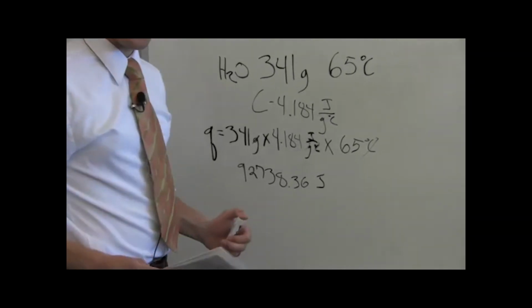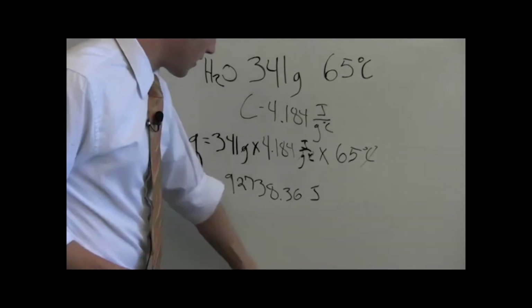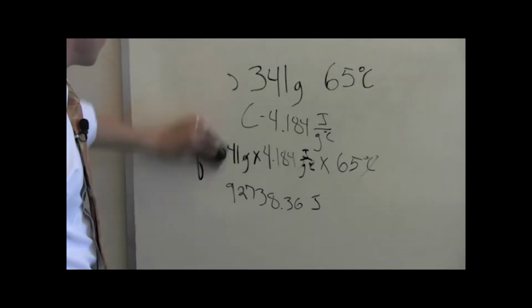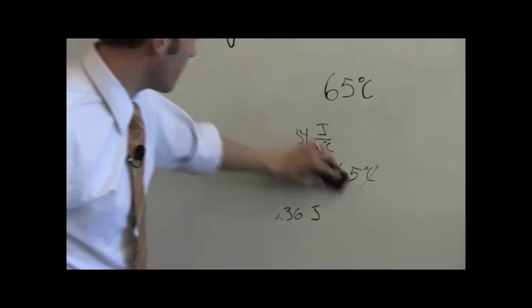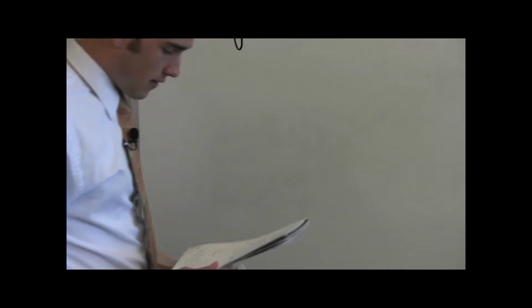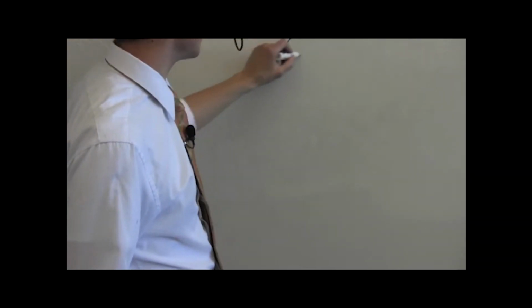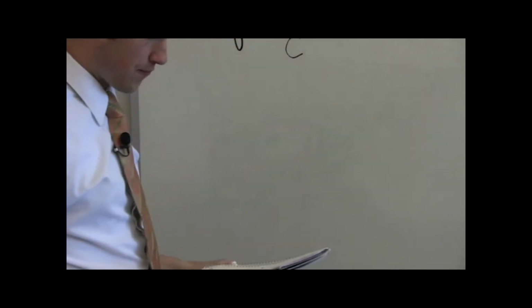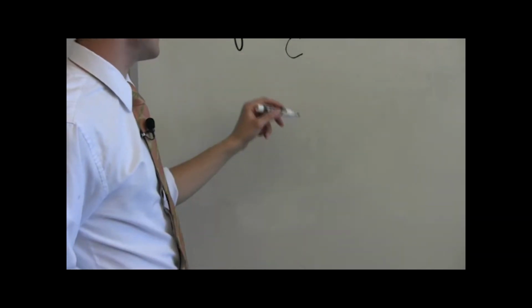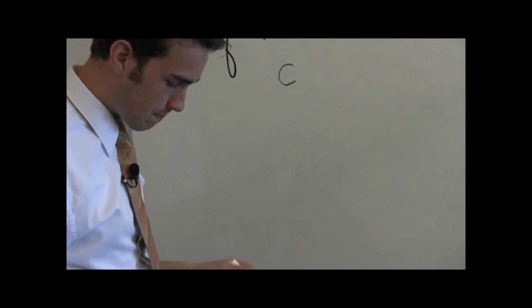So with that example in mind, we can now calculate any of these four values if we have three of the others. For example, if we want to find the specific heat capacity of a certain substance, say we don't know what it is, and based on the specific heat capacity that we get, we'll be able to determine what the substance is.